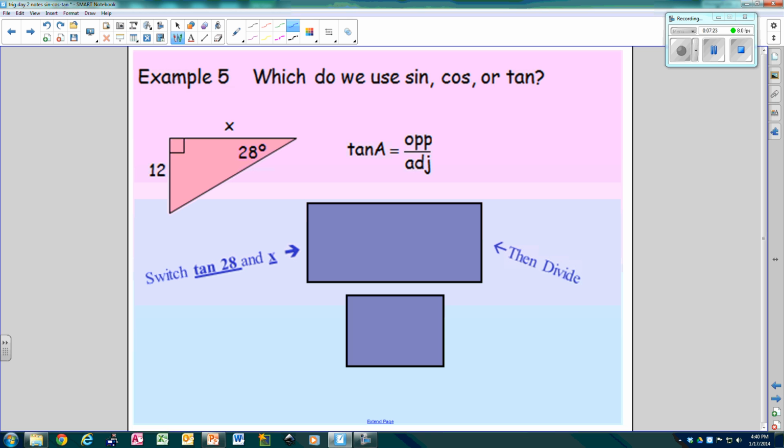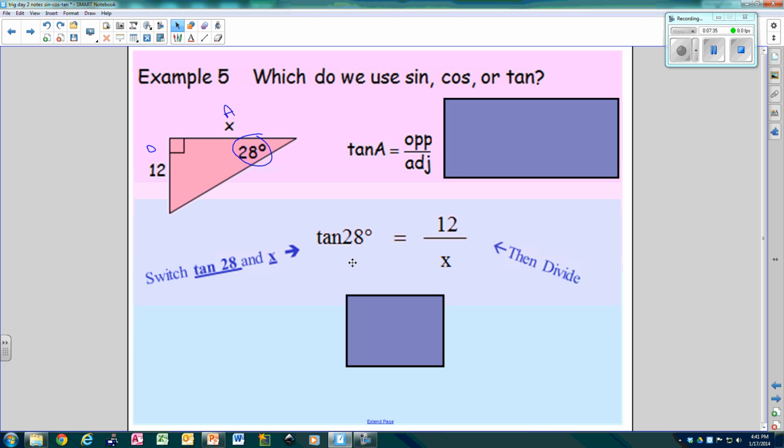So here we have the angle. This is adjacent. This is opposite. So we're going to use tangent because we have an O and an A. So when we plug it in, we get the tangent of 28 is 12 over x. So remember, these two guys will trade places.